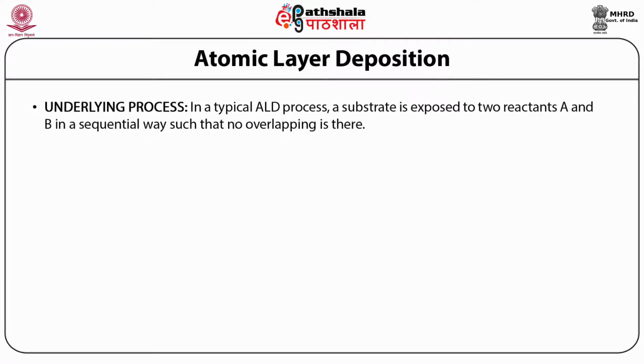Now the underlying process of ALD: in a typical ALD process, a substrate is exposed to two reactants A and B in a sequential way such that no overlapping is there.